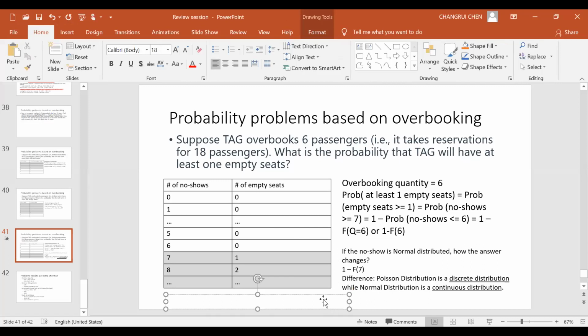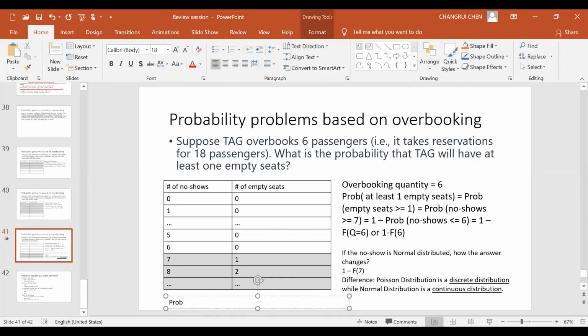Yeah, so let me write down: the probability of no-shows greater than or equal to Q is the same as the probability of no-shows less than or equal to Q minus 1.